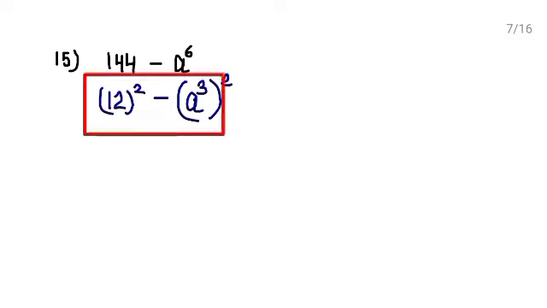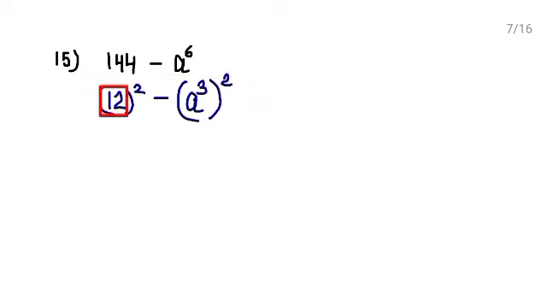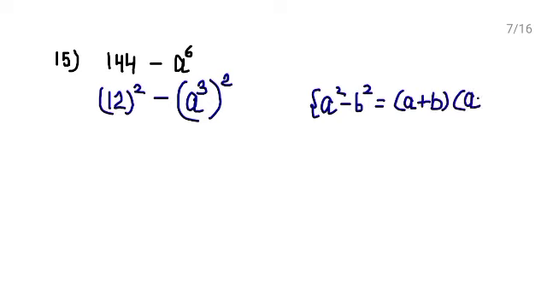Now this is in the form of a square minus b square, where a is 12 and b is a cube. Right. So we will use the identity a square minus b square is equal to a plus b into a minus b.